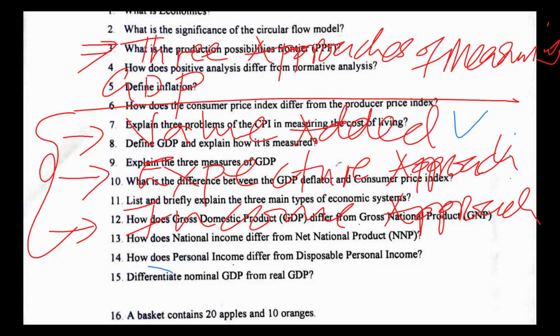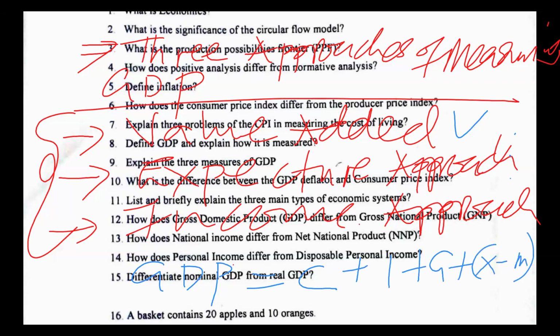Expenditure approach, this is where you measure GDP. You say GDP should be equal to consumption, whatever you consume, plus whatever you invest, plus government expenditure, plus exports minus imports.